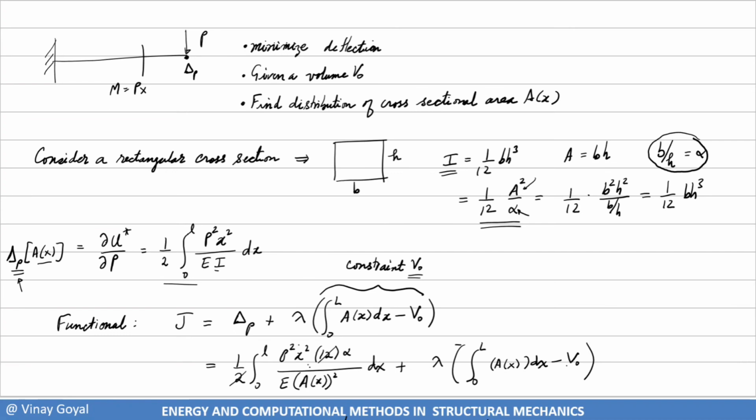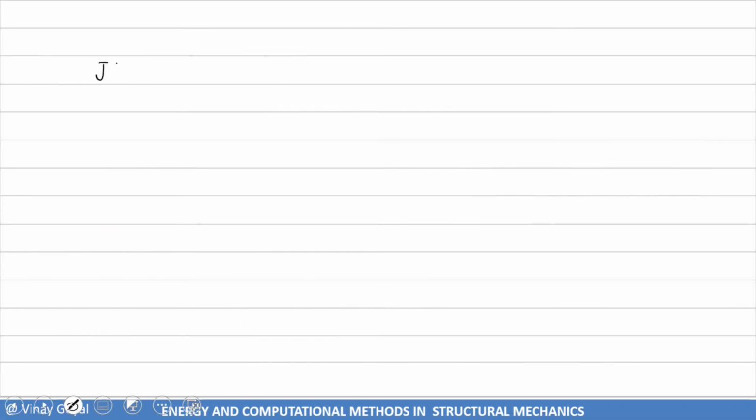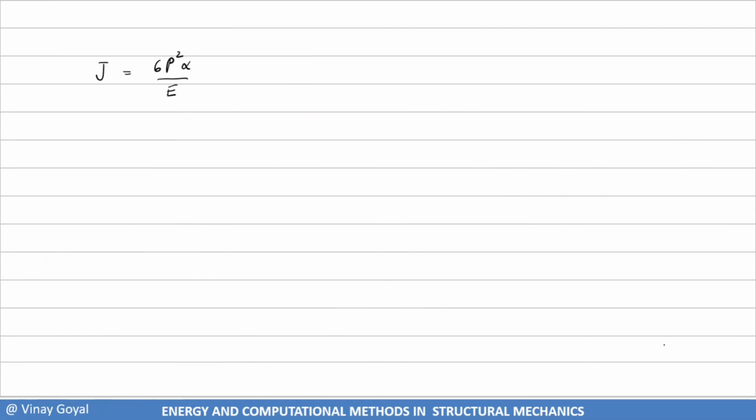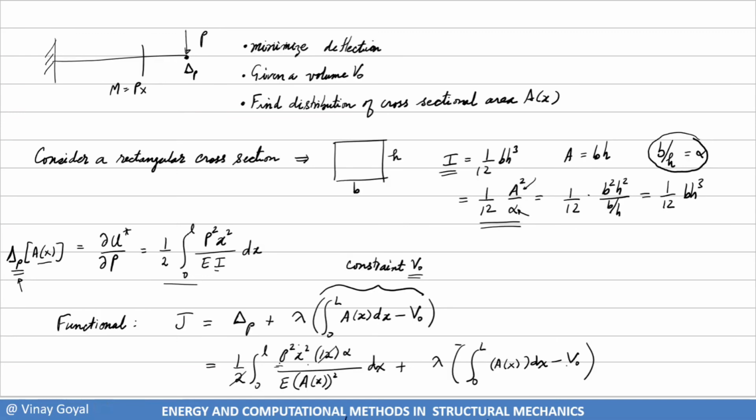Before I continue, let me simplify a little bit more if you don't mind. So J equals 6 P squared, because P is constant, a load applied at the very tip, then alpha over E. So 6, E and alpha come out quickly, and that P squared comes out quickly.